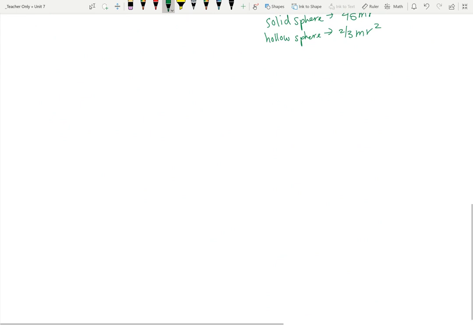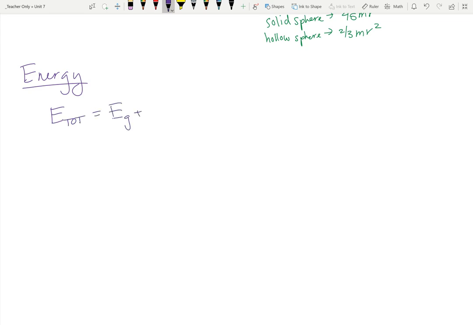Moving on, what did we cover after Newton's second law? Well, after Newton's second law, we did energy. So now we need to worry about the motion, rotational motion. I know some of you brought it up during that unit, so now we're going to talk about it. So we said before that total mechanical energy is going to be Eg plus E spring plus Ek.